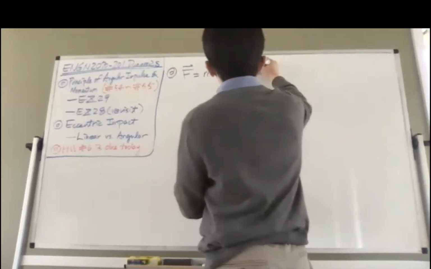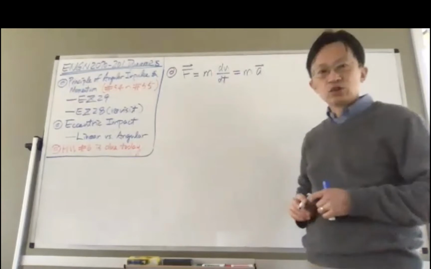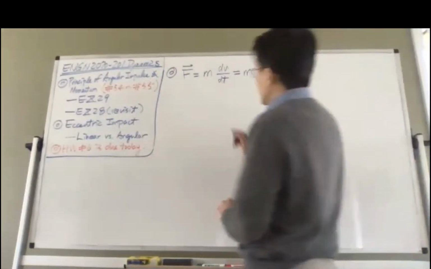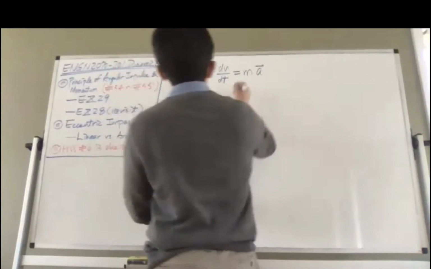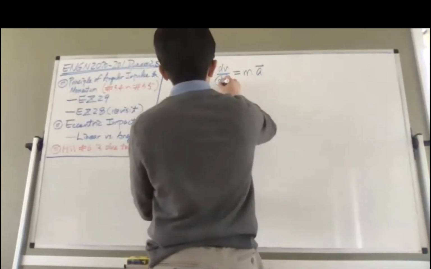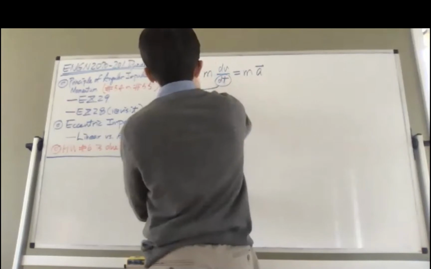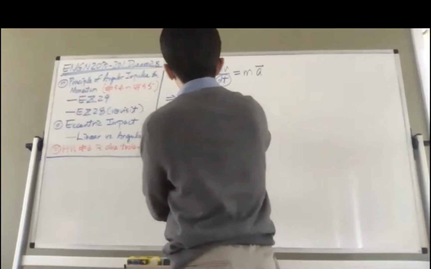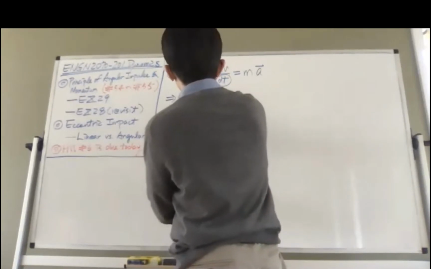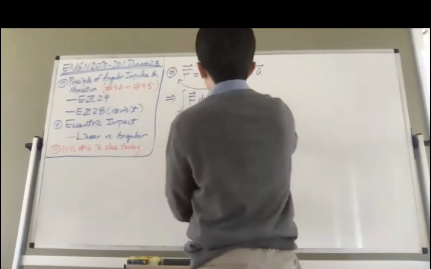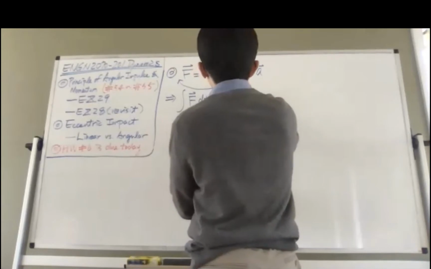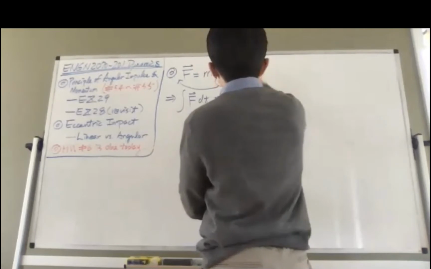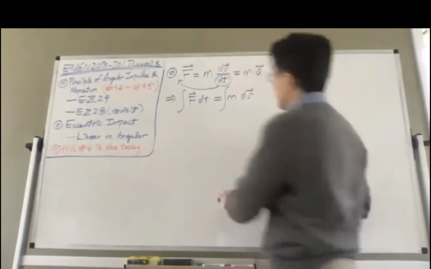Always remember that the force and a in general should be in vector form. Now, by moving dt from the right-hand side to the left-hand side and integrating both sides of the equation, you have the integral of F dt equals m dv. That's what we have.